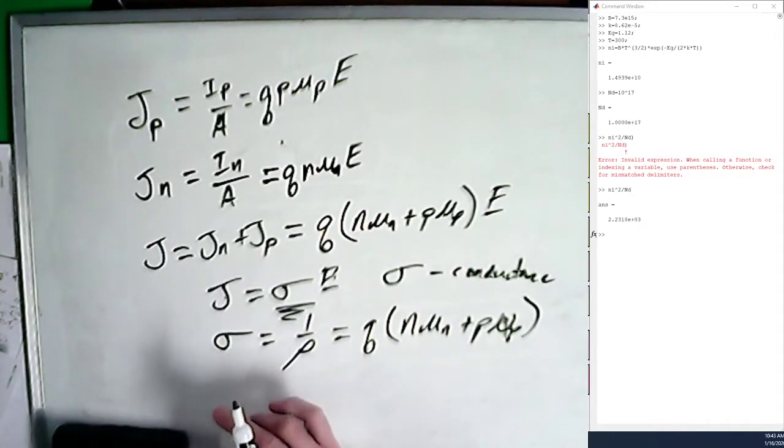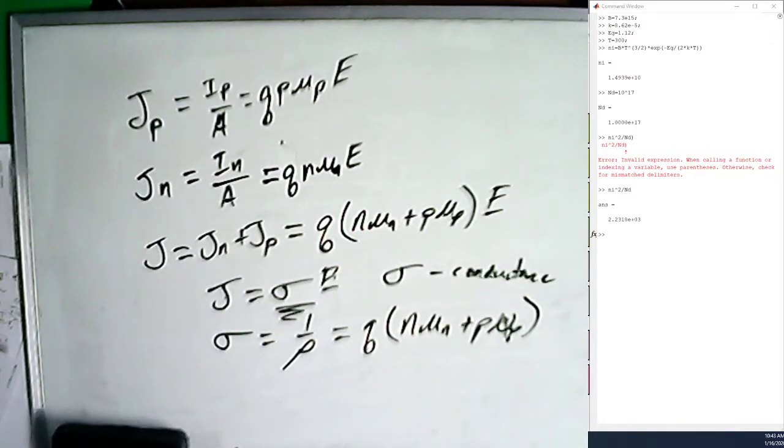Resistivity and conductivity relate to each other the way resistance and conductance do. So all we have to do is figure out the other way.